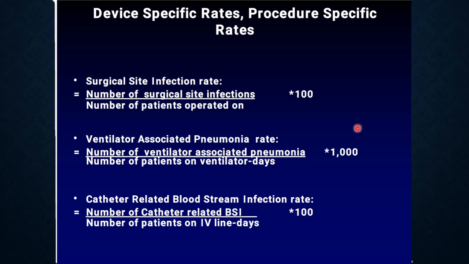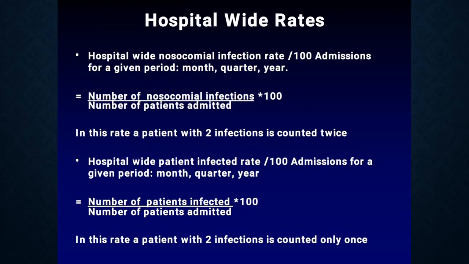Then you can calculate the ventilator-related and IV catheter-related infection rate: the number of catheter-related bloodstream infections and the number of patients on IV line days. So infection rates are calculated like this, and hospital-wide rates of nosocomial infections may also be calculated.